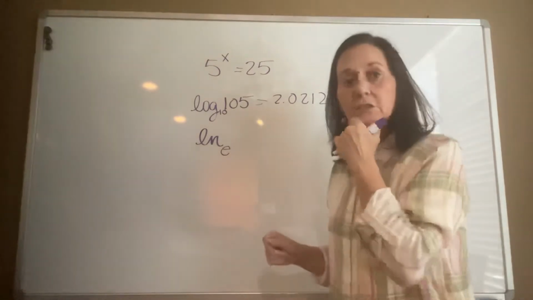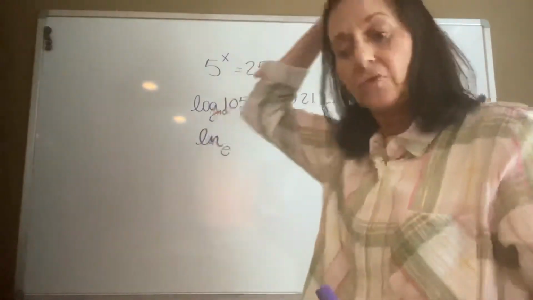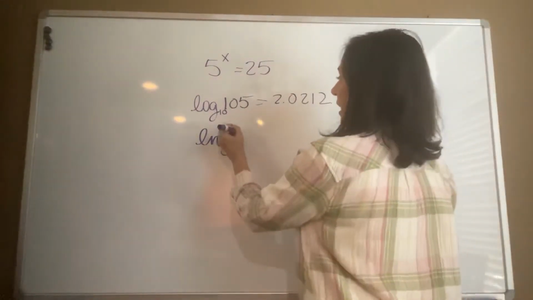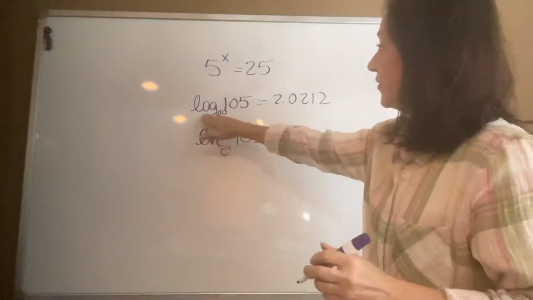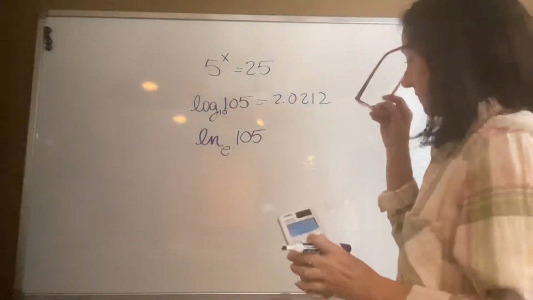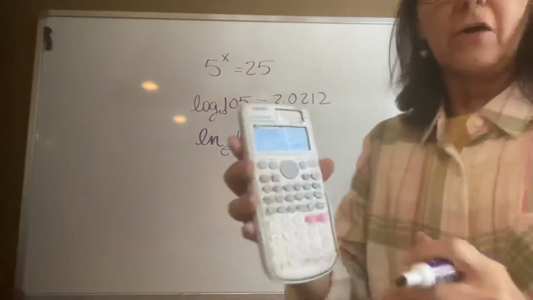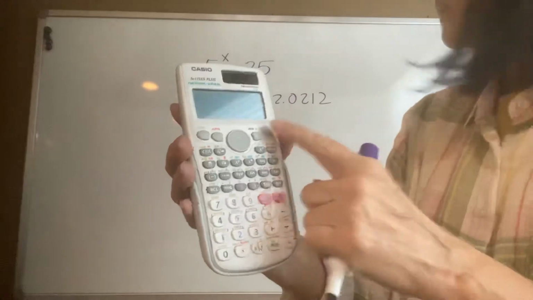So let's just look at the natural log of 105. Let's just see how it differs from the log of 105, all right? So to work this one in your calculator, let me clear now.